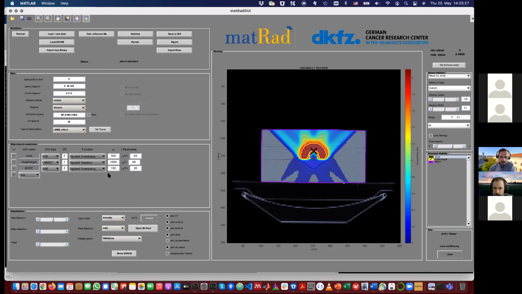I'll click on it, and now I see the RBE weighted dose. And as expected, it's inhomogeneous. It doesn't have a constant dose level of 2 gray anymore. In fact, here at the distal edges of my target, I have doses up to 5 gray biologically weighted.